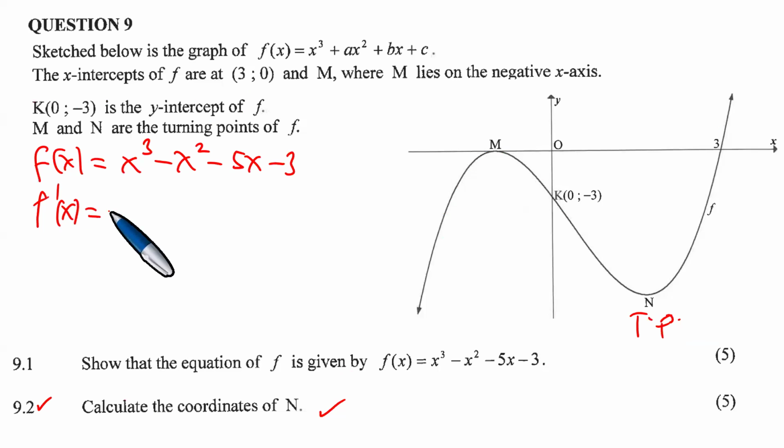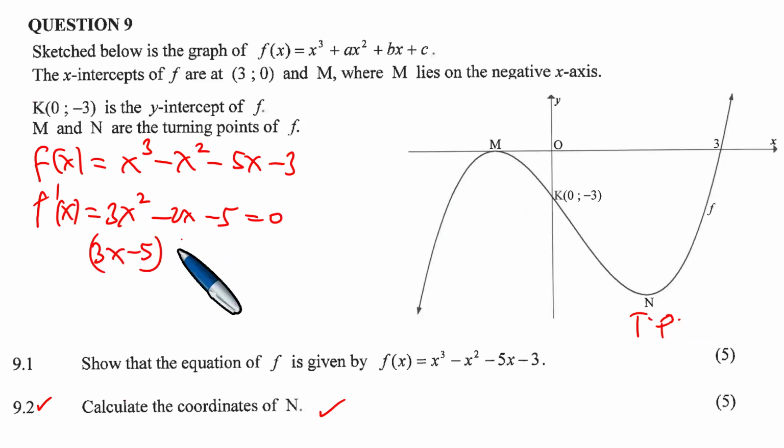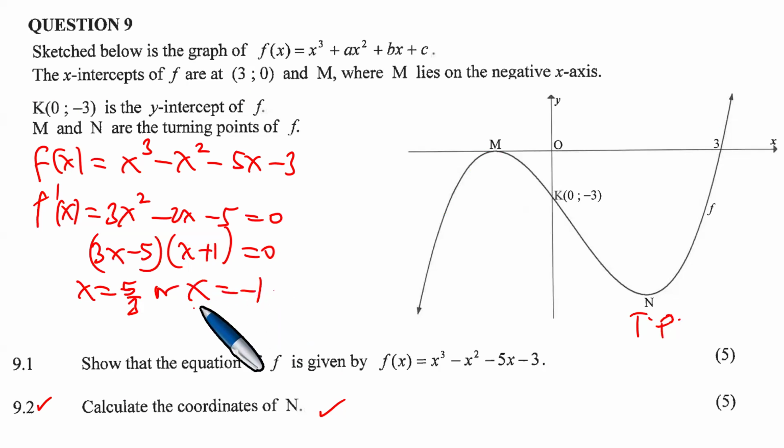F primed is 3x squared minus 2x minus 5. You equate it to 0 at the turning point, meaning you have (3x minus 5)(x plus 1) equals 0, giving us x equals 5 out of 3, x equals minus 1.